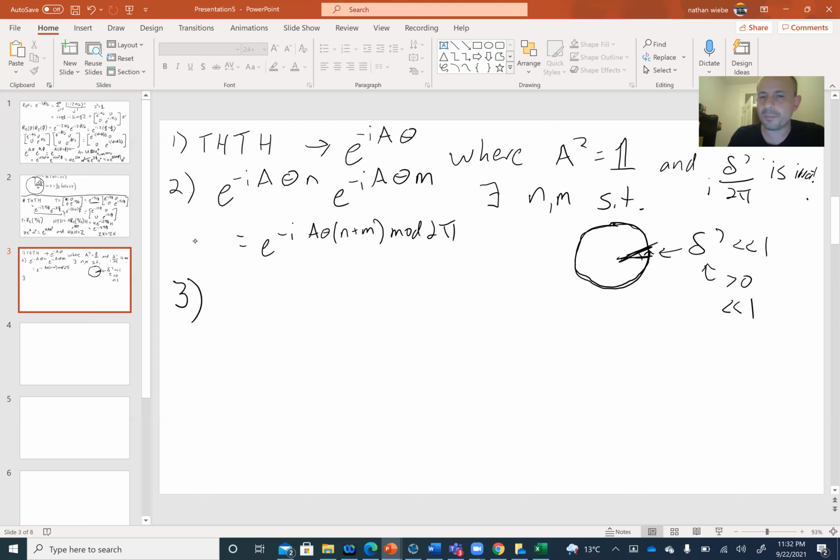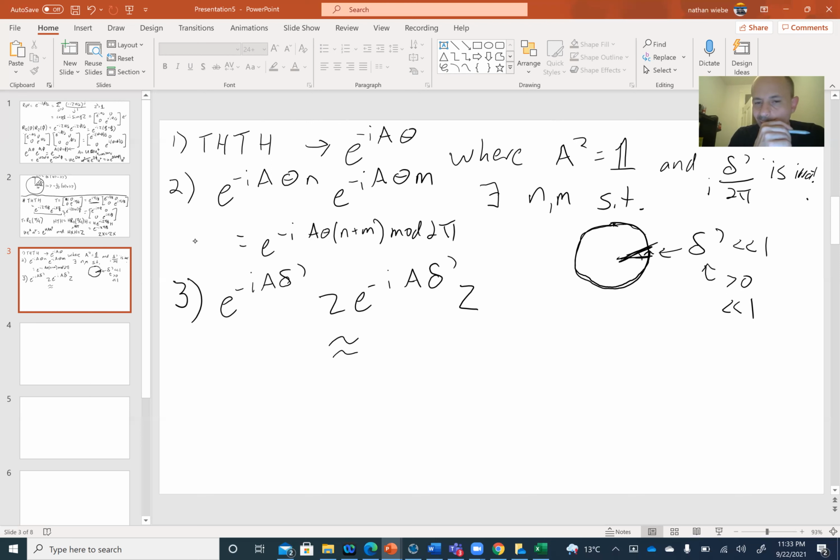Then the next step in this argument is that we can end up doing e to the negative I a delta prime z, e to the negative I a delta prime z. What these z gates are going to do is cancel everything out in A that isn't the z component, as we'll see.